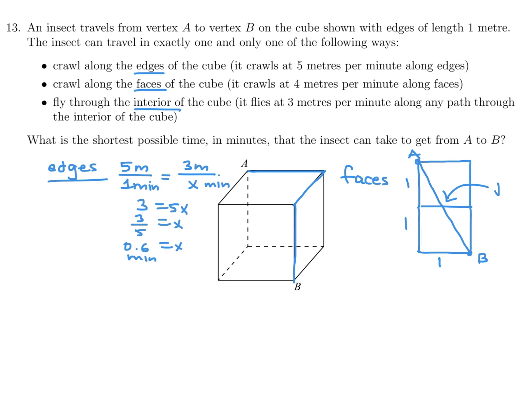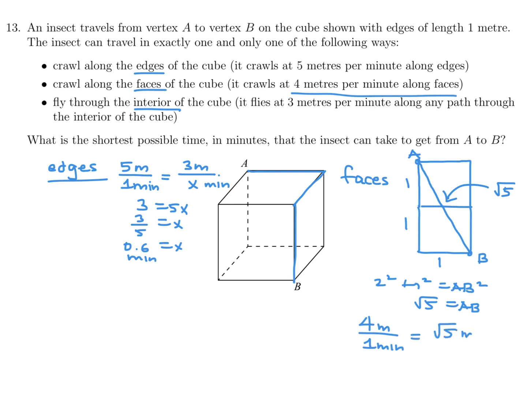Yeah? Do you really need me to do it? Okay, I will. What the heck? All right, so AB, that's root 5. That's how I got that. Okay, so same thing. This time we're going to use this guy. So it's 4 meters for 1 minute, and that's going to be root 5 meters for x minutes.